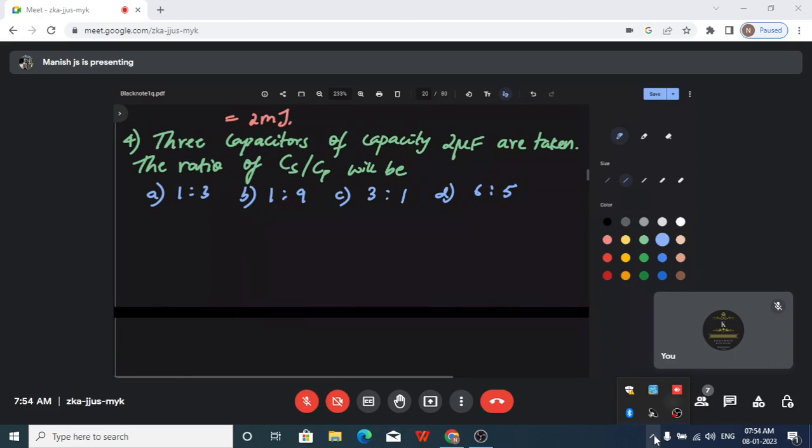Sir, 1:4. 1:4 comes? But there is no 1:4 in the options. The answer is different. Try, it's okay. First take series, take your time. Tell me the value of series first separately, then the value of parallel separately, so that I can verify. Series 3/2.